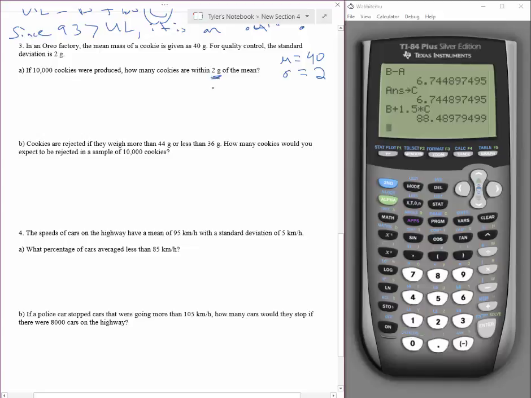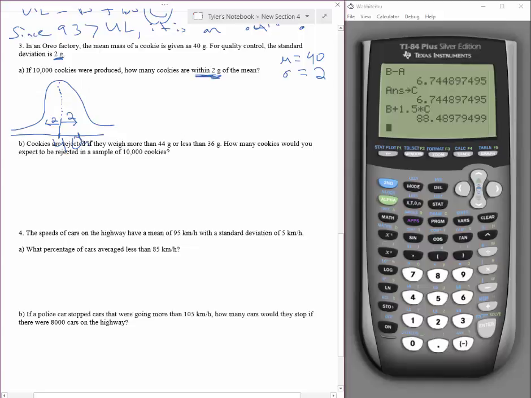So within 2 grams. My standard deviation is 2 grams, so this is finding how many cookies are within 1 standard deviation. If I come over here and draw my curve, somewhere in the center is going to be 40 grams. Then if I go 2 grams this way and 2 grams this way, that's what within 2 grams means.